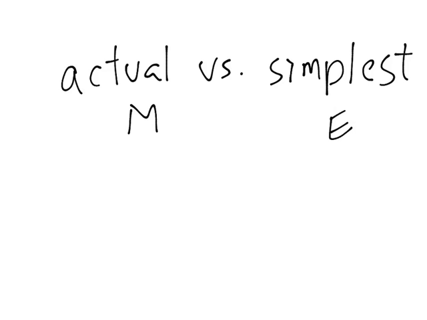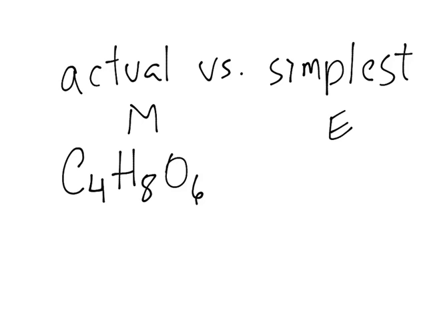To reference it better, I'm going to show you an example of a molecular formula and an empirical formula. Let's say you have a compound like this, C4H8O6. This would be its molecular formula, because that is its actual ratio.